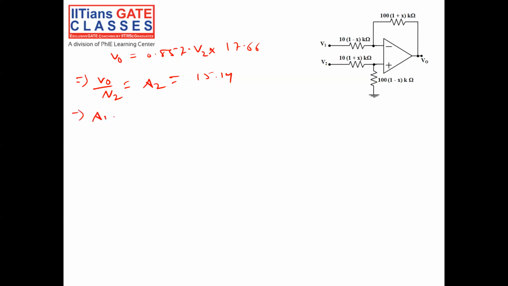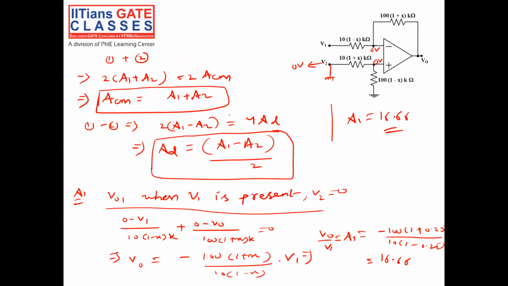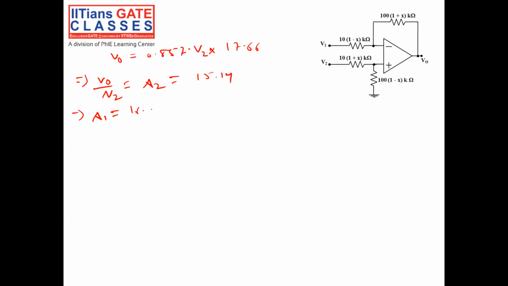So I got A1 equal to 16.66 and A2 equal to 15.14. So what is AD?